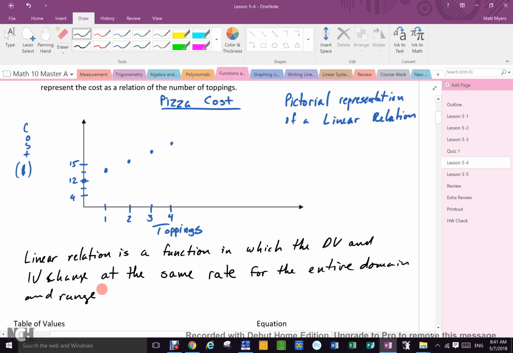So, if it changes at the same rate, that means that no matter what happens to the domain, the range will change by a proportionate amount.